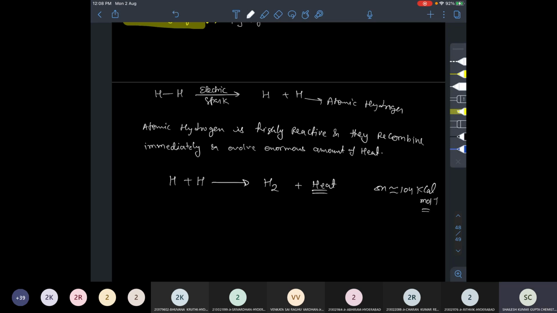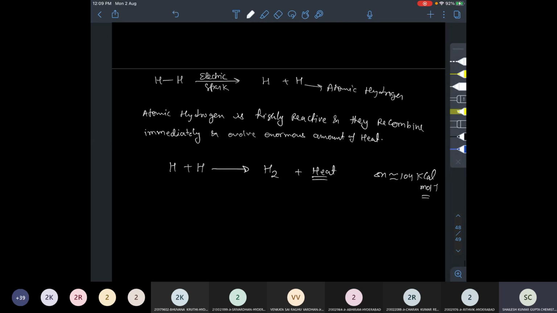It's not in kilojoule, guys, okay? Kilocalorie. So it means more than 400 kilojoule will be evolved, right? So this can be used in welding torch. This whole mechanism is used in welding torches.